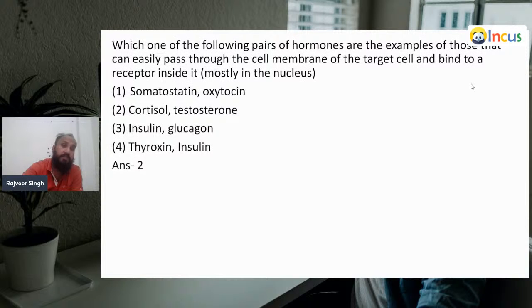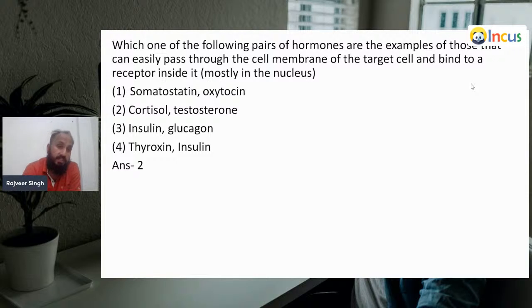Answer will be second. Right? Next one, which one of the following pairs of hormones are examples of those that can easily pass through the cell membrane of the target cells and bind to a receptor inside it, mostly in the nucleus?